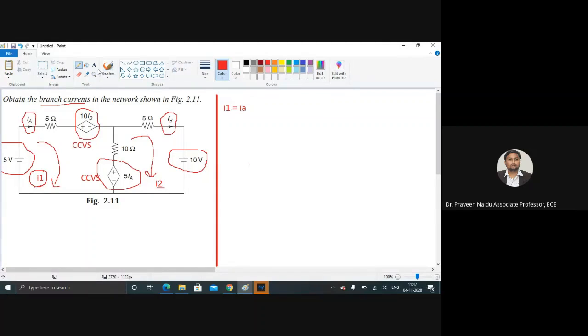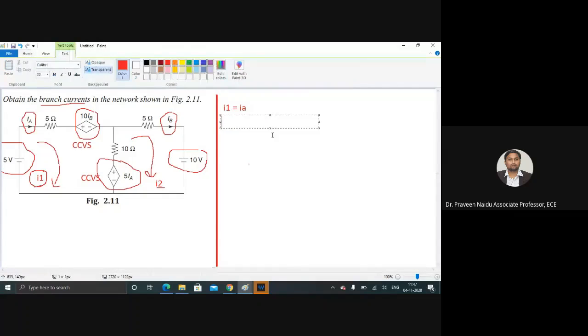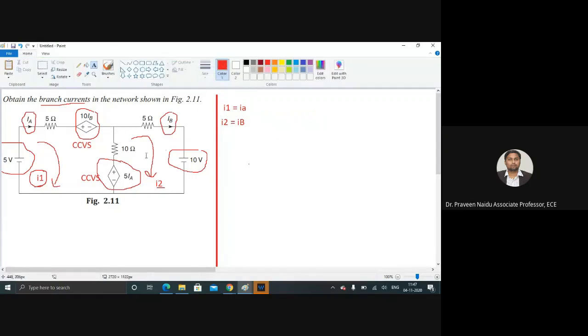So I'm writing I1 is equal to IA. And similarly, I can write I2 is equal to IB. The second loop assumption is I2 and already IB is the current flowing in the same loop. So I2 is equal to IB. Is it okay? Yes, sir. Okay.